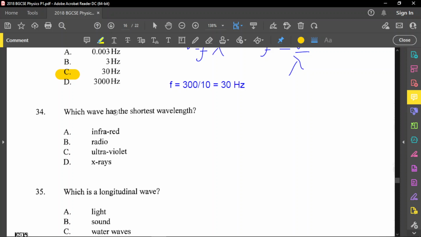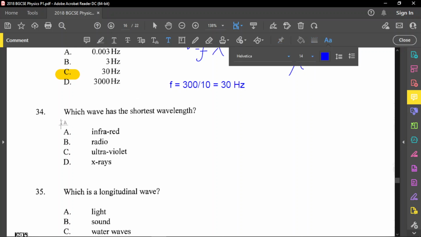It says, which wave has the shortest wavelength? Just a quick thing to help you remember how the wavelengths are organized. These are what they call electromagnetic waves, and they're also in a particular order. The way I used to remember this is to write down: Radio my information.